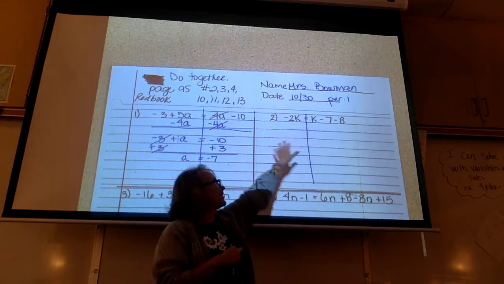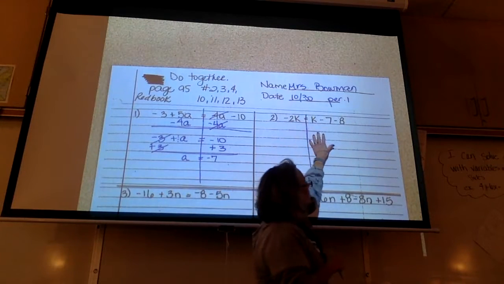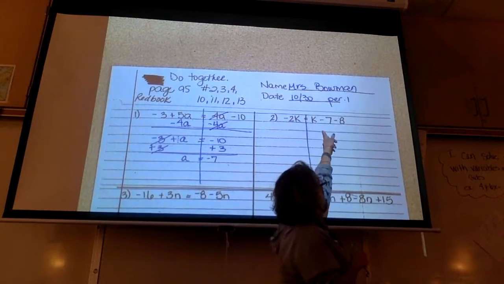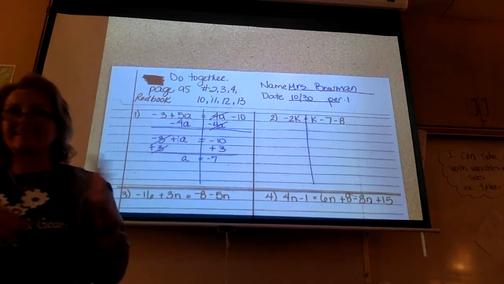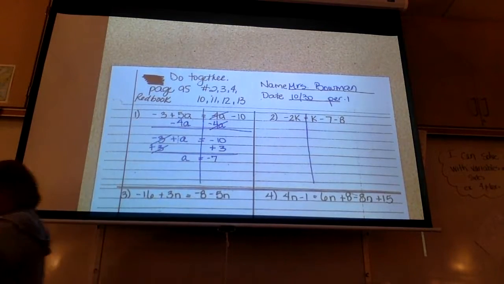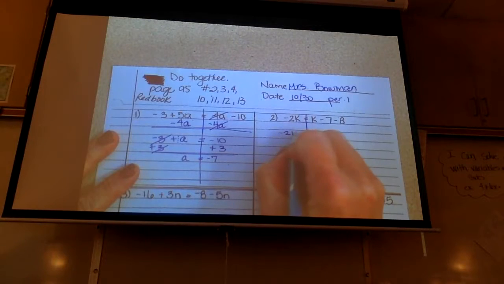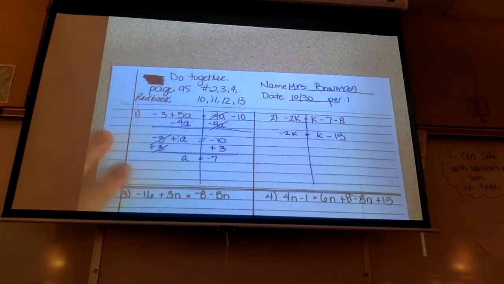Do I have any like terms on this side to combine? No, I only have one term. Is there anything over here that can be combined? -7 and -8, right. When I combine -7 and -8, what do I get? -15. So I have -2k equals k minus 15.